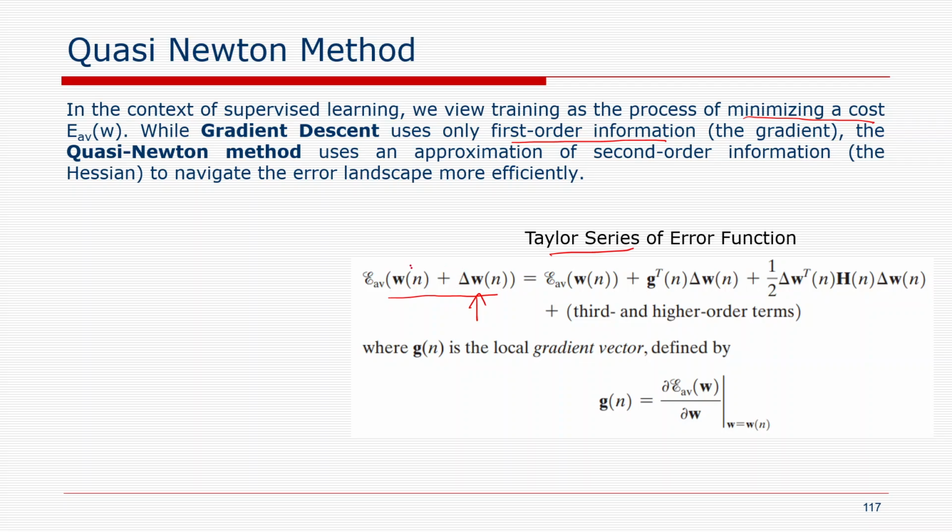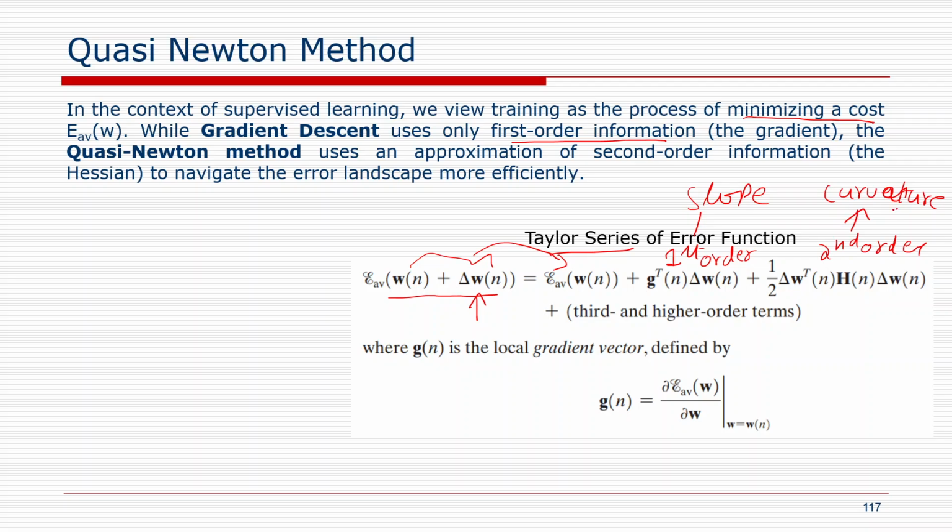When we expand this using the Taylor series, we get the average error with respect to W of n, then G transpose of n times delta of n, which is the first order term, and this is the second order term. First order always gives us the slope information, but second order gives the curvature information about the function.